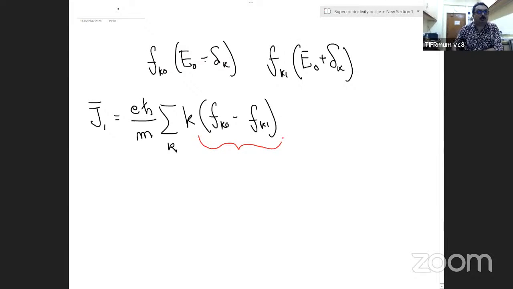I will bother only about this for the time being. So you know that I have already assumed that A is small. So therefore I can do a Taylor series expansion.